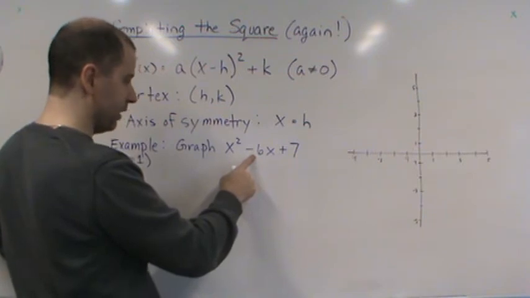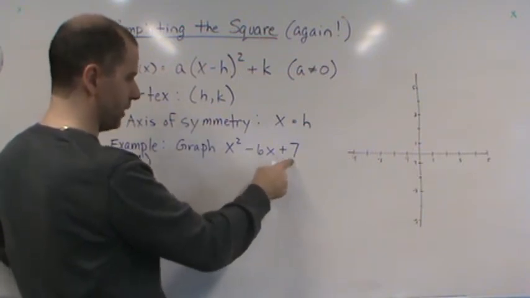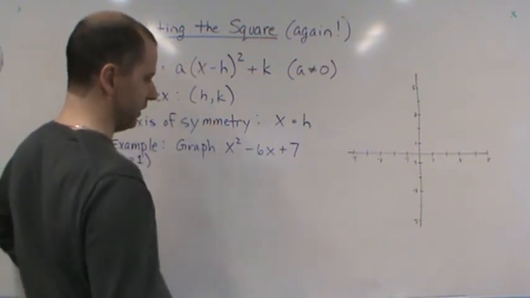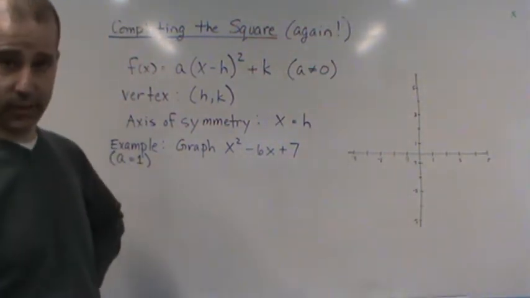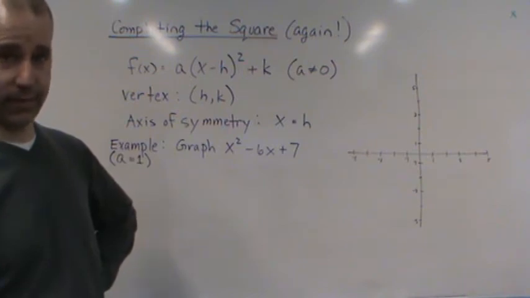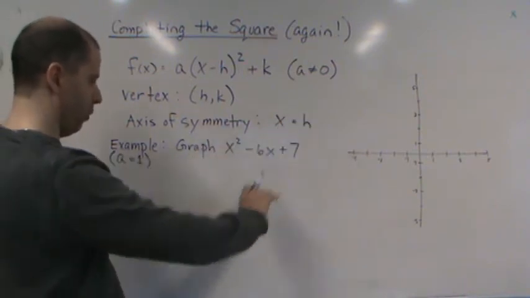Well, the middle term is negative, which means they both have to be negative. The only two factor pairs of 7 are negative 1 and negative 7, and that does not give us negative 6, so it won't work.